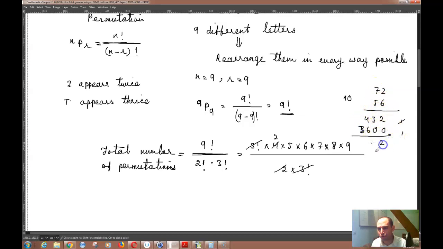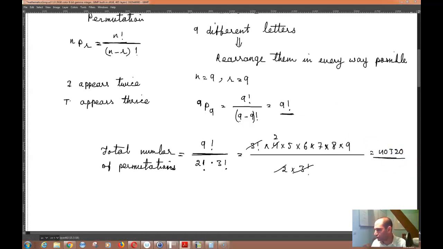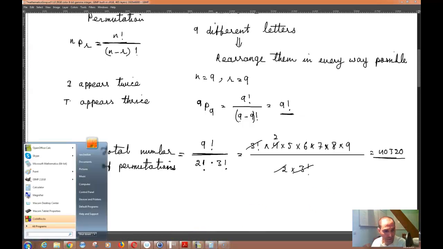And then you have a 2, you have a 3, you have a 0, you have a 4, and then times 10 would be a 0 there, so that's 4,320. That's the total number of permutations related to this. I'm not sure if that's right, but we can test that.